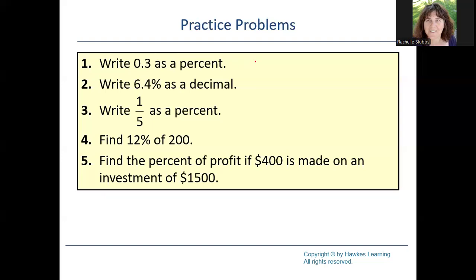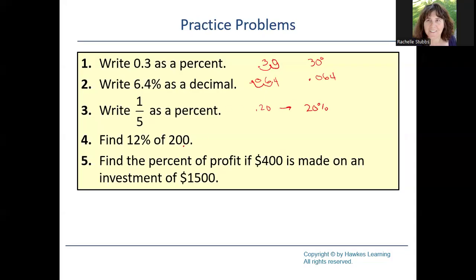All right, let's begin. 0.3 as a percent, that means I'm going to move the decimal twice to the right, and with a filler zero that is 30%. 6.4% means I take the 6.4, and since I'm going from percent to decimal, I go to the left twice, put my decimal there and a filler zero, and I get 0.064. 1/5 as a percent, well, that's 0.20, which then is 20%.